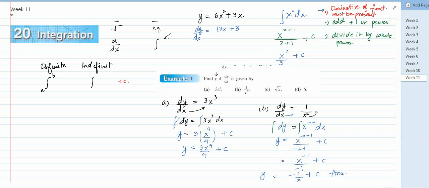Before proceeding to the next question, you need to write down all these solved examples in your copy.